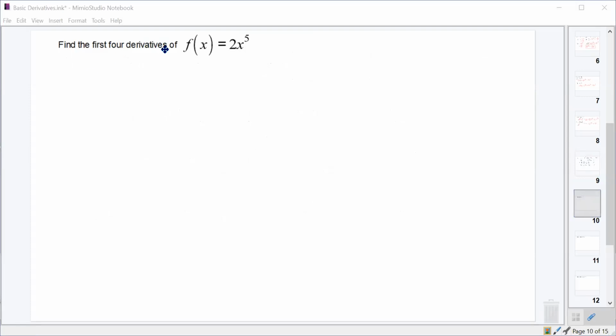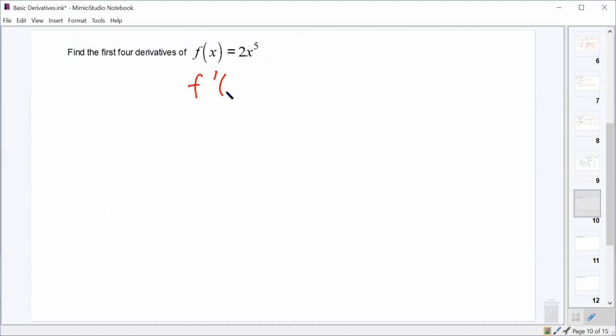So let's find the first four derivatives of 2x to the 5th power. First off, what should f prime of x be? Ten x to the 4th, good. So now our second derivative should just be the derivative of this, which should be 40x cubed, exactly.